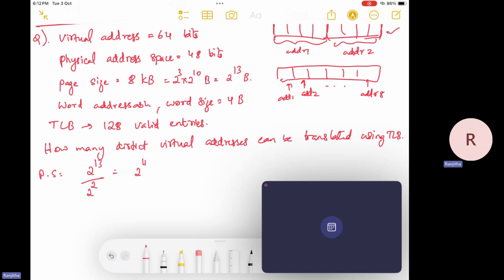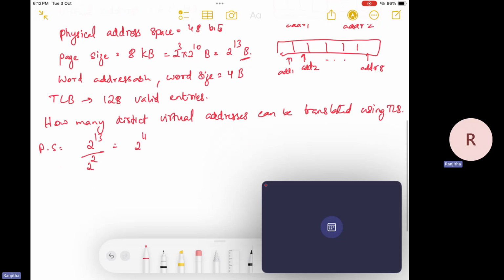This was when it was byte addressable, but since this is word addressable, we need only 2 power 11 different addresses to address all the words in that page. So each page will have 2 power 11 different words. So that is about the page size.